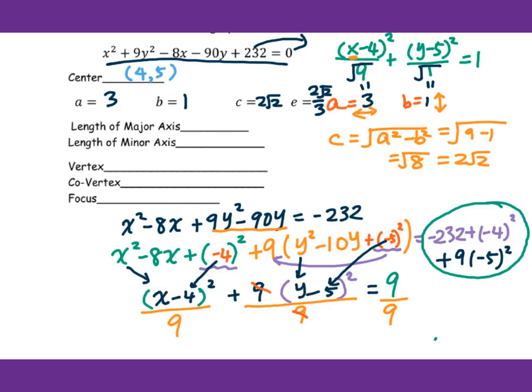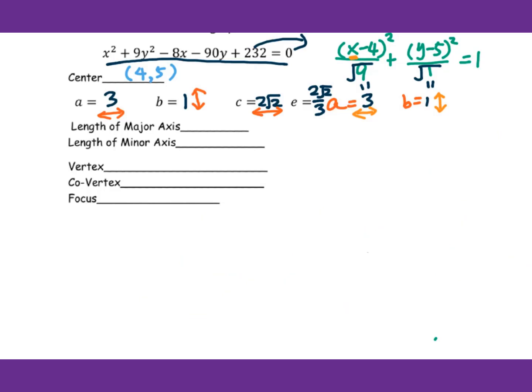Don't forget the arrow next to A, B, C. A is horizontal, B is vertical. C always follows A, so horizontal. Length of major axis, that's 2A, equals 6. Length of minor axis, that's 2B, equals 2.